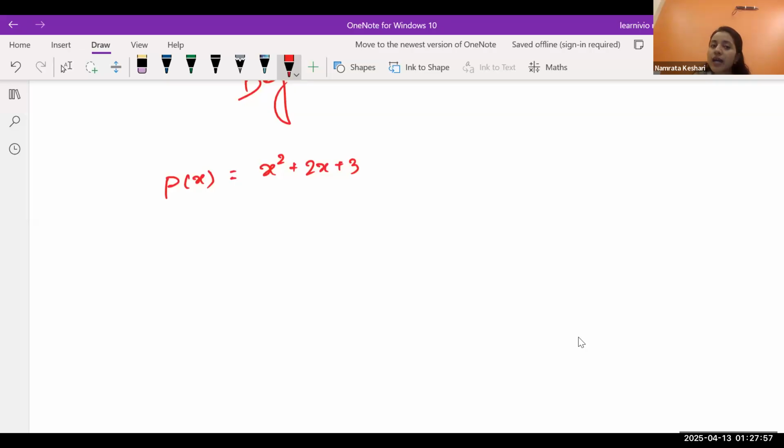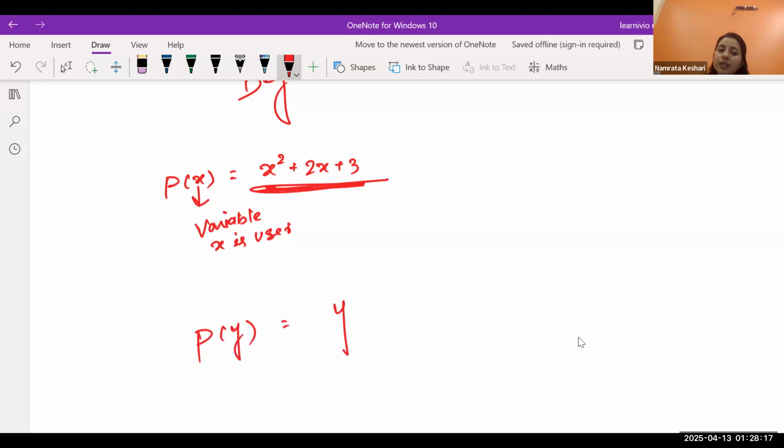We are just saying a polynomial p where variable x has been used. You can clearly see on the right side the variable x has been used. It can be like this also: p of y is equal to y to the power 22 plus y to the power 35 plus 6. So this bracket is not multiplied.